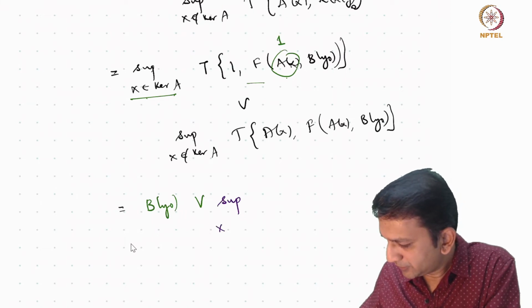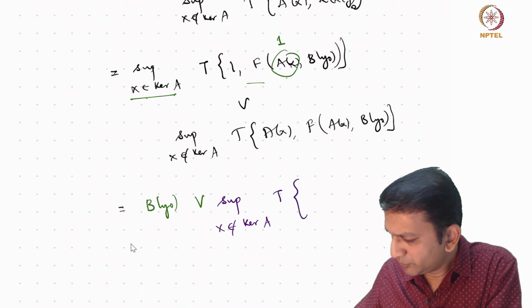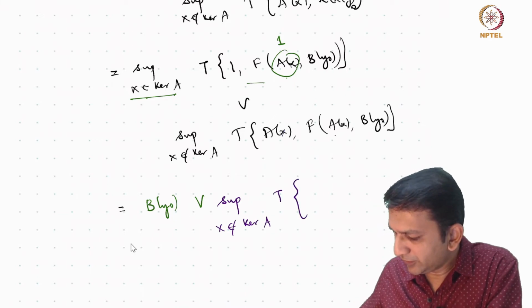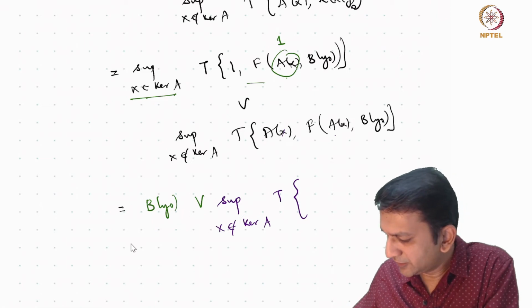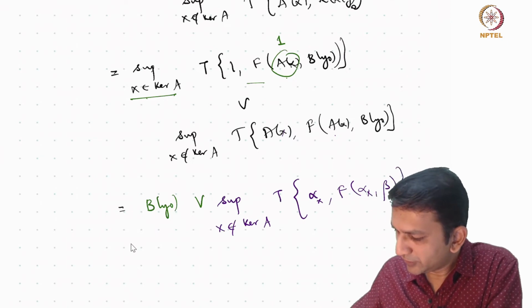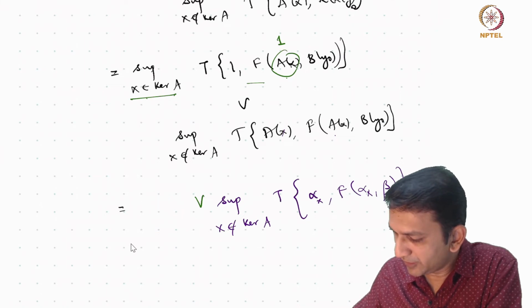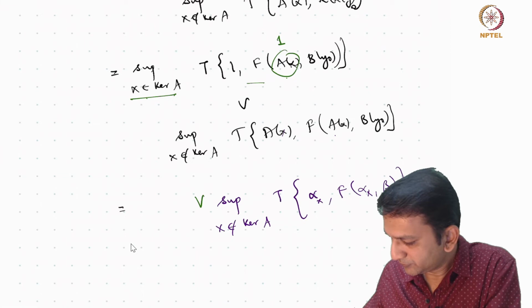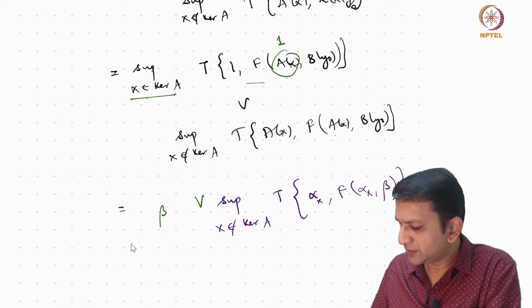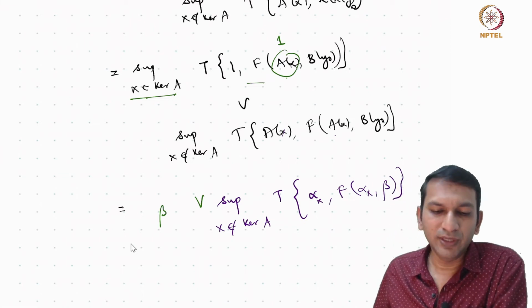supremum x not in kernel of a of T of, for the moment let us assume that for each of these x it is in fact some alpha x, f of alpha x comma beta. So we have assumed that b of y naught is beta. This is the equation that we get.